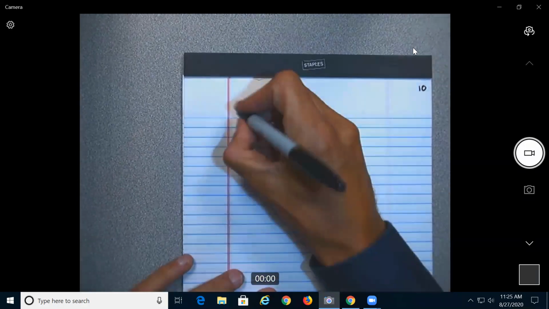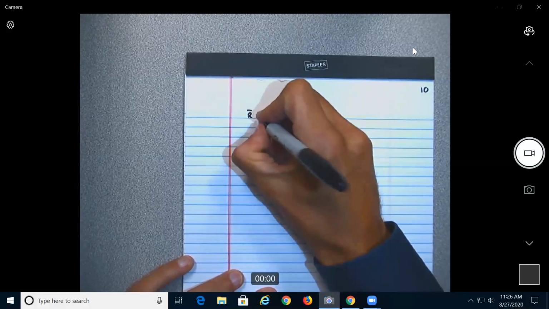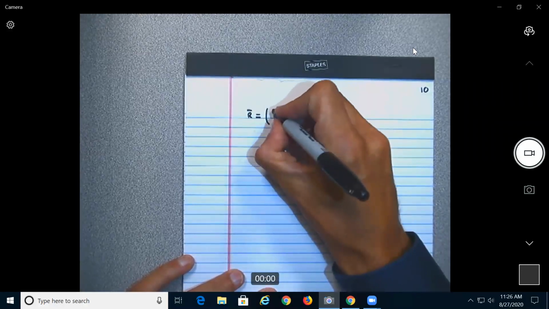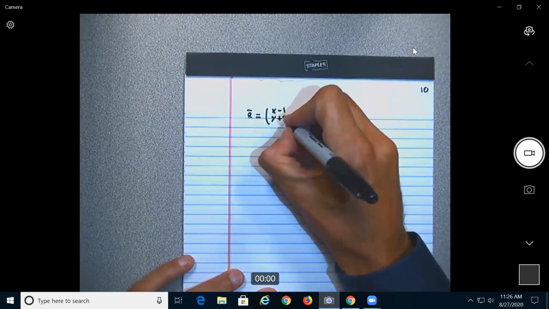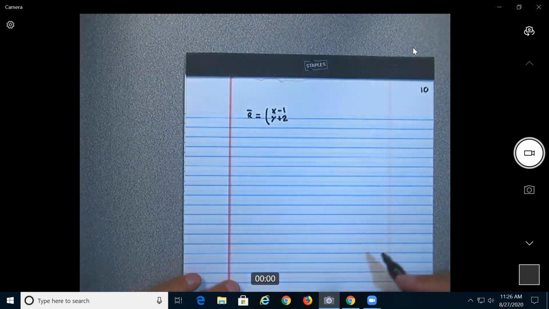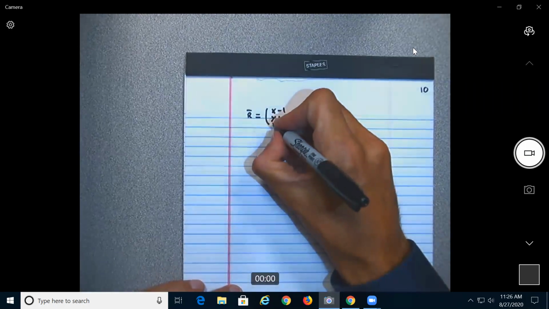So from here we're going to find that r will be equal to what? x minus 1, y plus 2, remember it's from point P, and z minus 0.